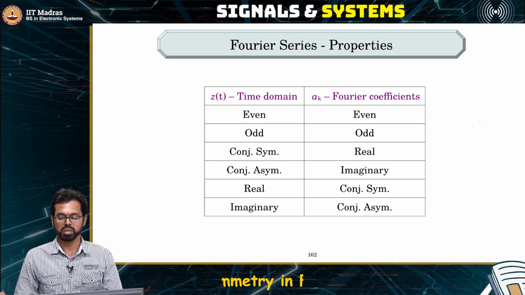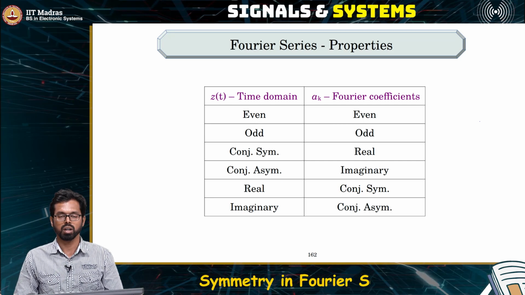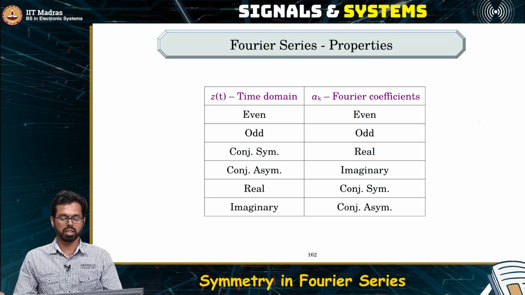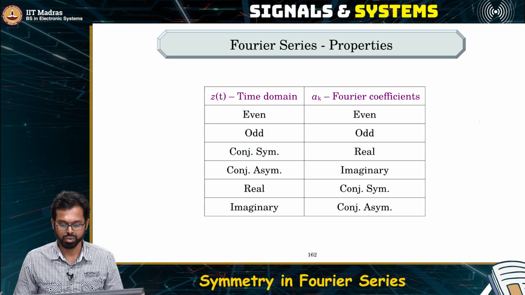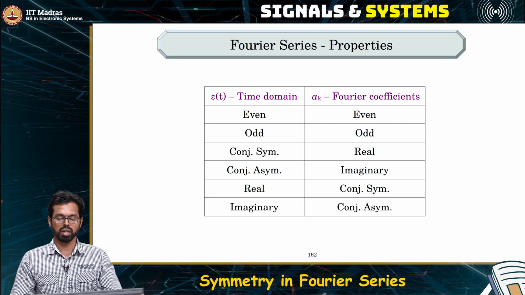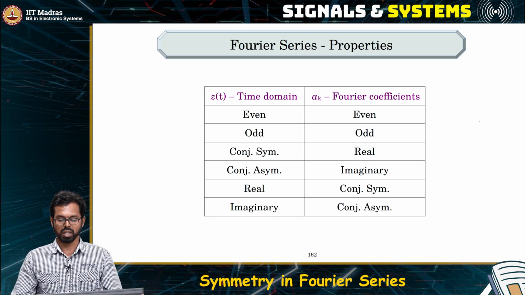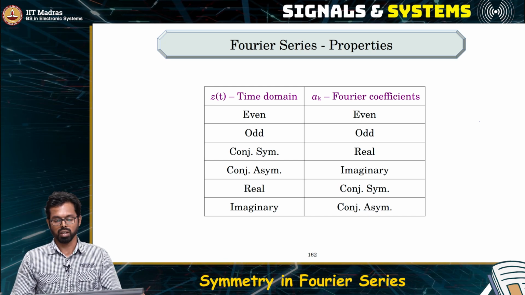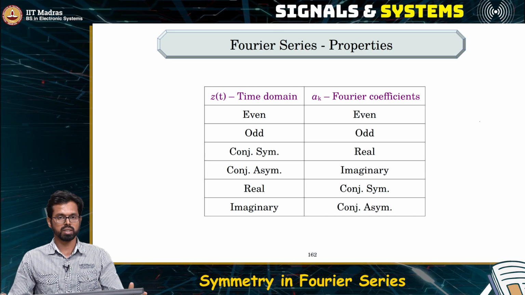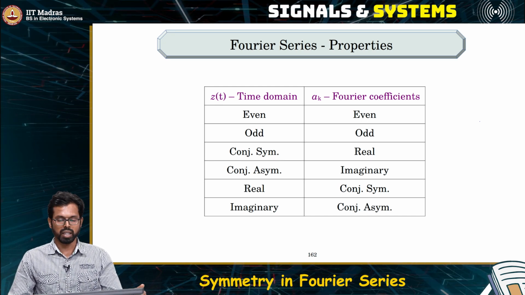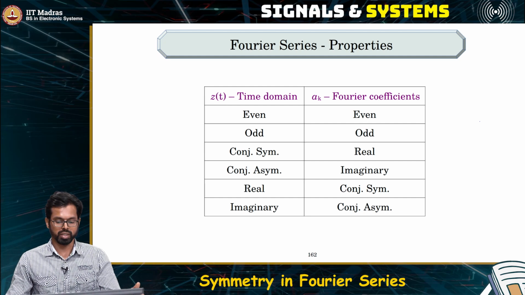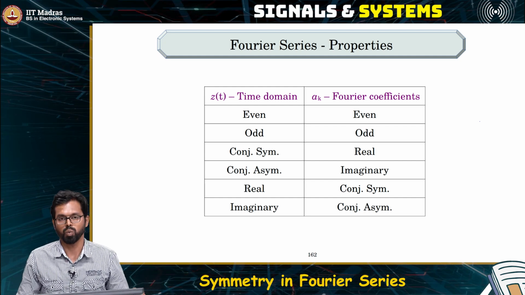So in the last lecture we saw about Fourier series, how to represent a periodic signal in terms of the Fourier series. We said that we'll use the eigenfunctions of the LTI system, which are nothing but complex sinusoids or phasors, and we'll use these phasors to represent or decompose any given periodic signal in terms of phasors. So this is what we said was Fourier series.